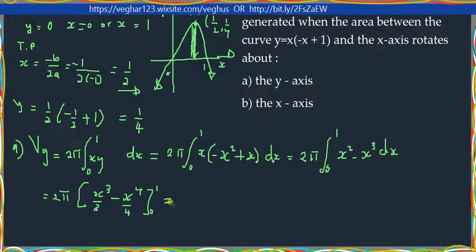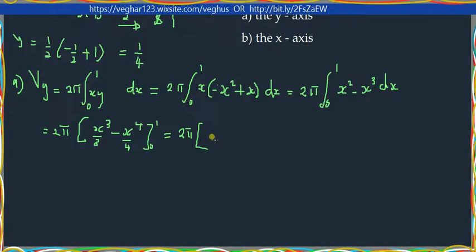Substituting the limit, we'll have something like 1 over 3 minus 1 over 4.